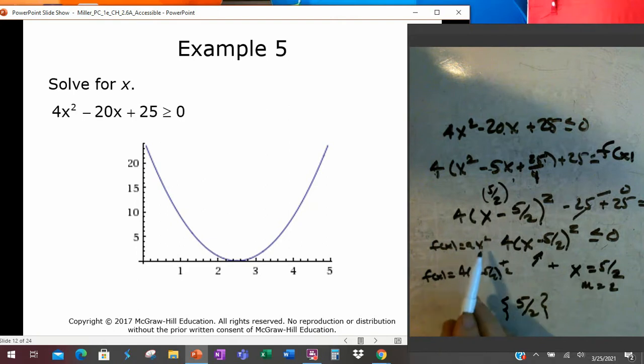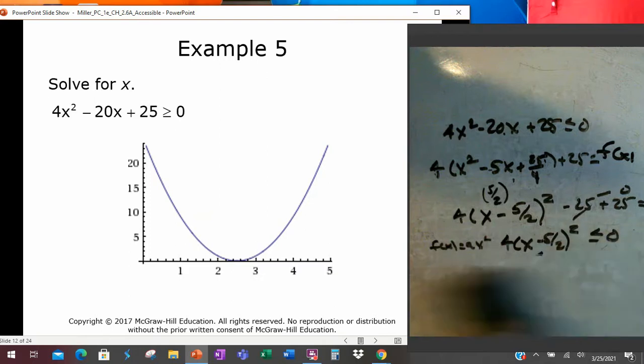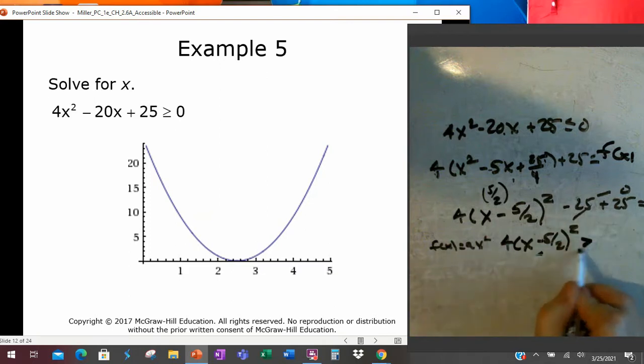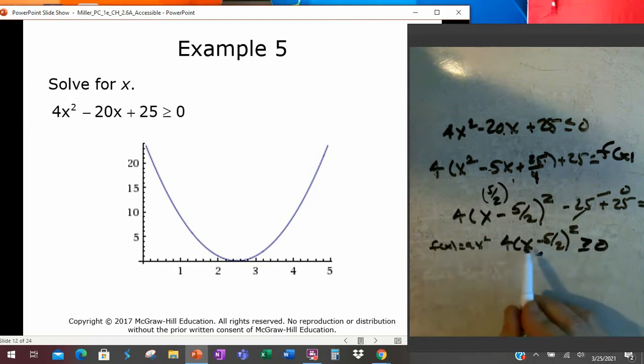There's my 4. So it is this function shifted to the right 5/2 units, or 2.5. Now they're just asking, where is this greater than or equal to 0? Same function, they're just asking this question. And this is always positive, equal to 0 at 5/2, negative infinity to infinity.